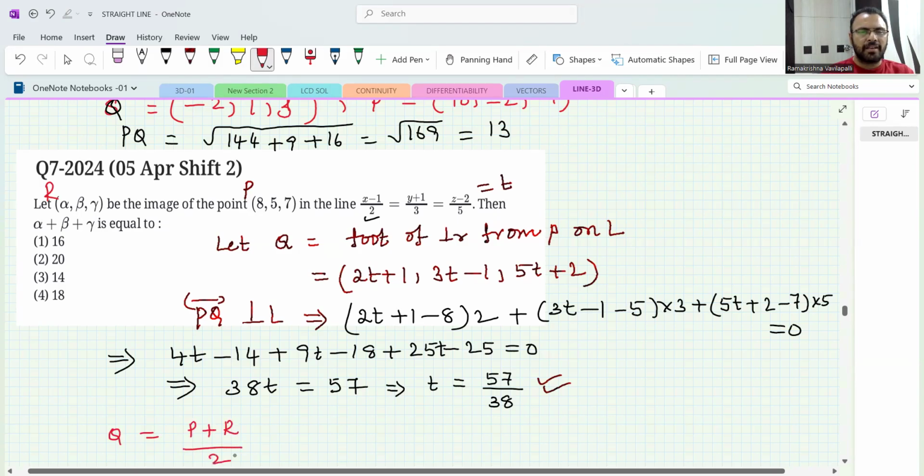Every time I am not drawing the diagram, it implies R is equal to 2Q minus P. So multiply the coordinates of Q by 2 and then subtract the coordinates of P. You will get 4t minus 6, comma, 6t minus 2 minus 5, minus 7, comma, 10t minus 3.